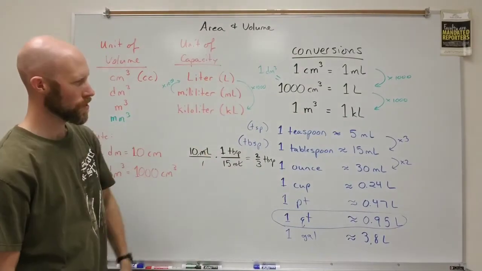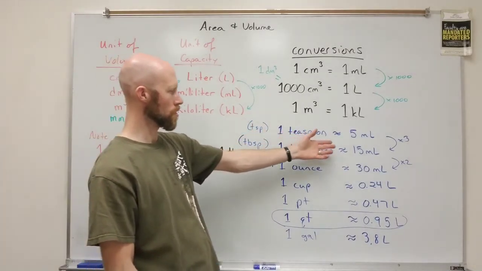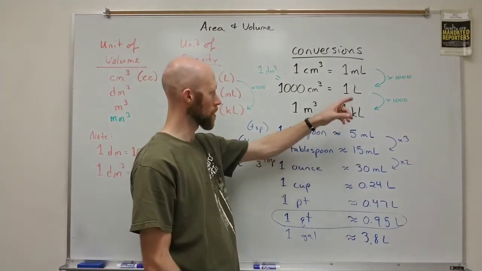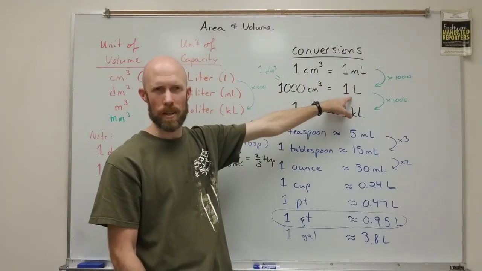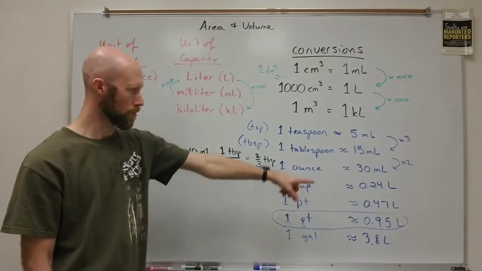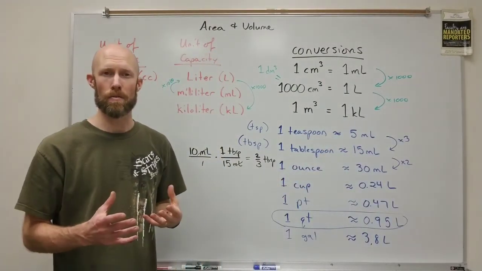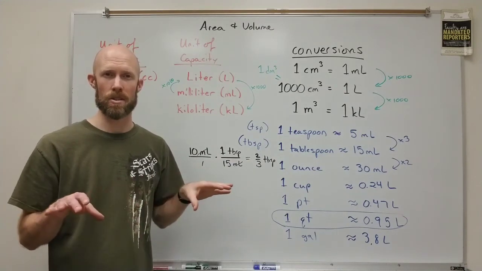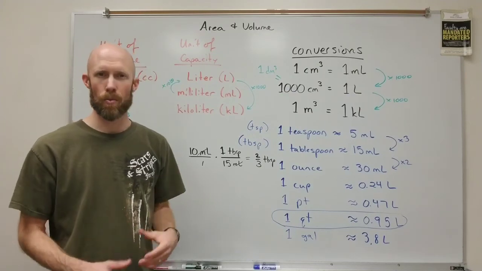If you needed to go from milliliters to cups, you can go milliliters times 1,000 to get 1,000 milliliters is a liter, and then go over to cups with the 0.24. Those are some ways to do that. So there's a variety of different paths you could take because a lot of these do correspond. There's not one set way to do this.